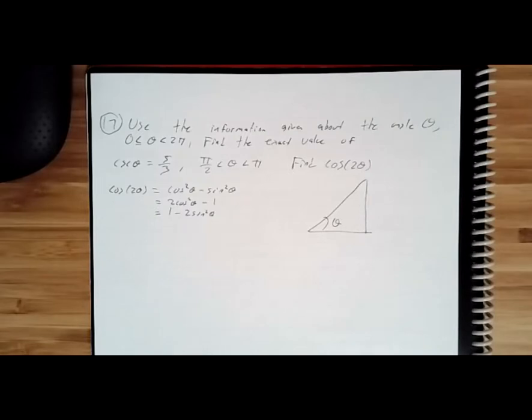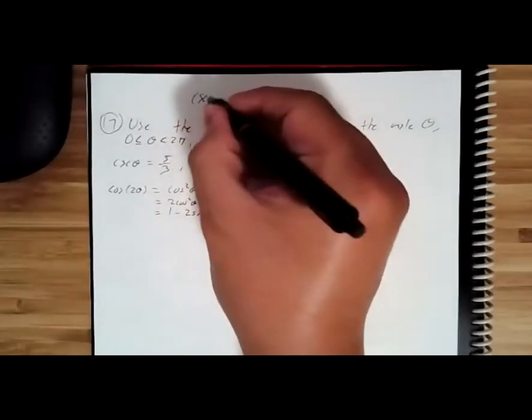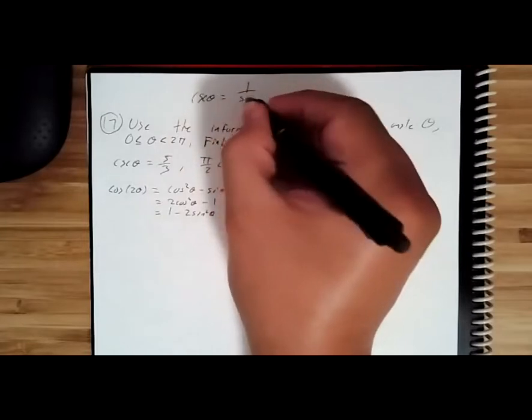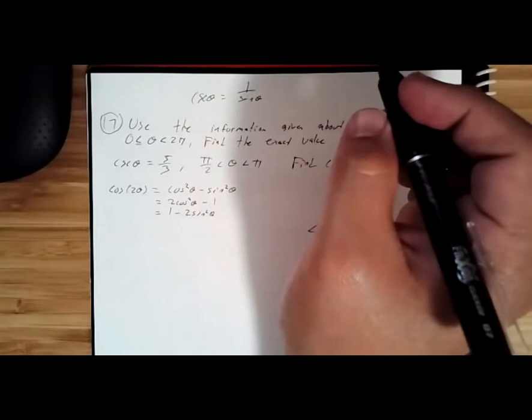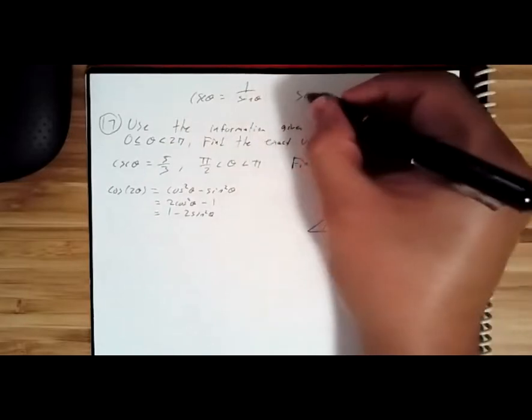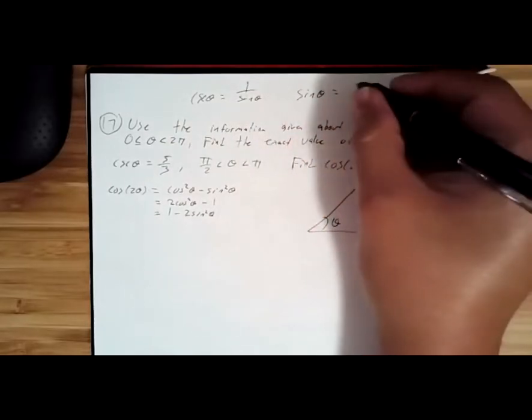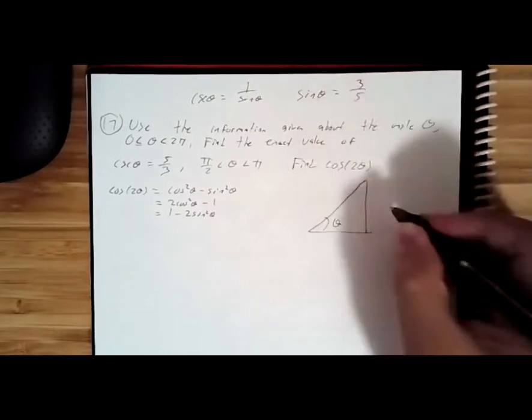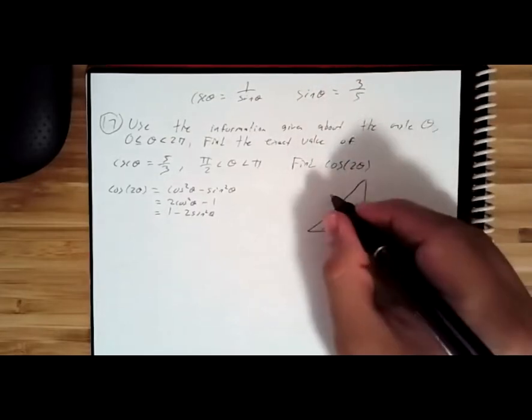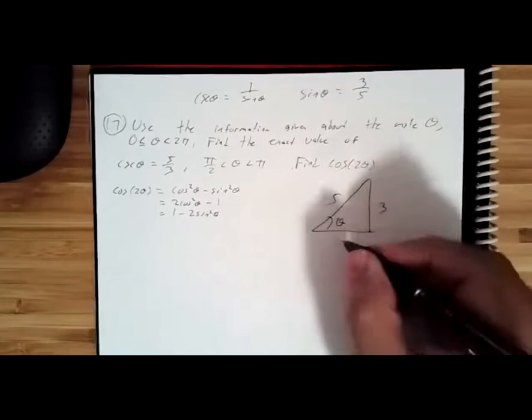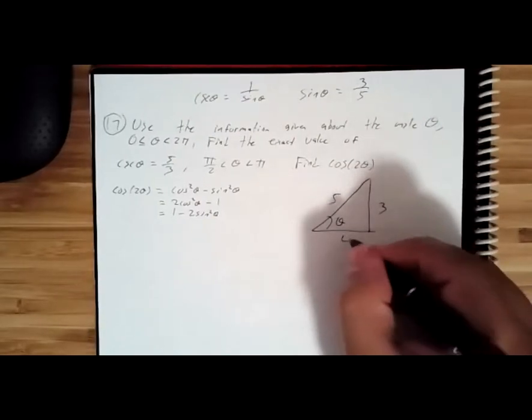Cosecant theta is equal to 1 over sine, which means that sine would be 3/5, opposite over hypotenuse. When you solve for the other side, you'll get a 4.